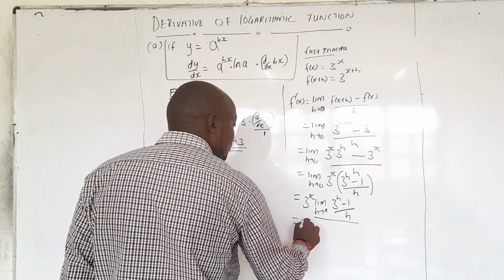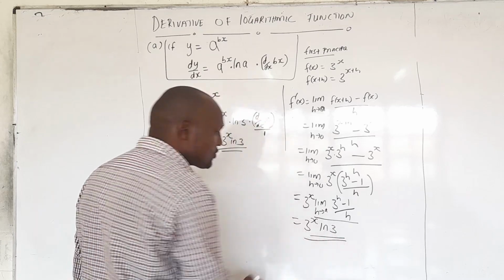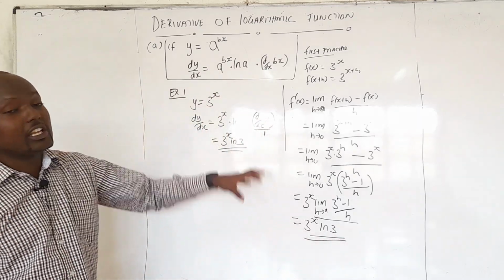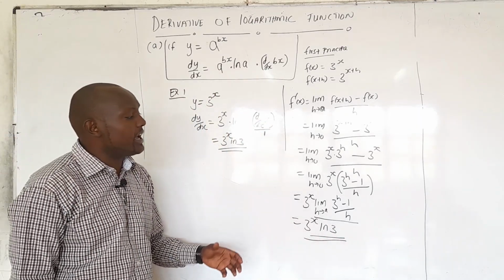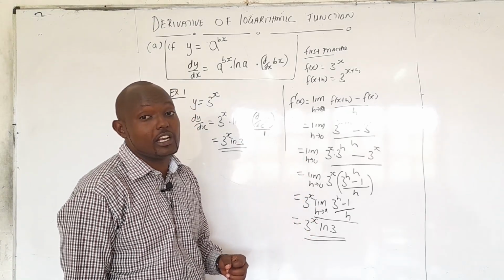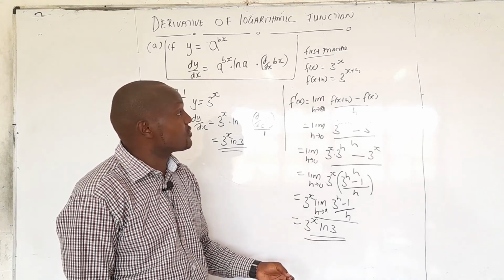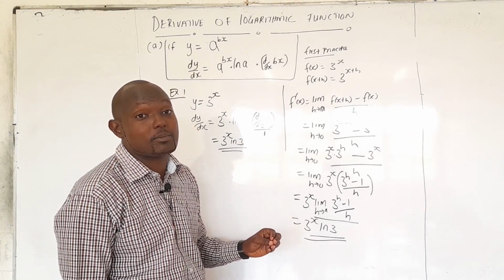So we'll have 3 to power x natural log of 3. So that one will be covered on limits, and we tackled 5 classes on limits and more classes on limits are to come later in the day. So let's look at how we differentiate natural exponential.